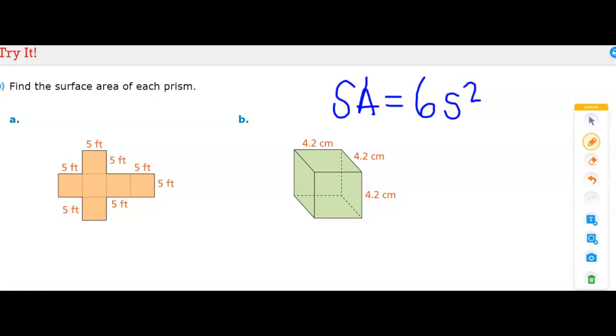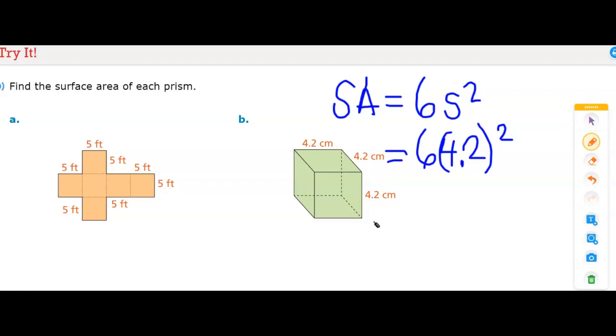So now we take the 4 and 2/10 centimeters and substitute it for the S, and we keep the 6. So now we have 6 times 4 and 2/10 squared, and we have to do the 4 and 2/10 squared first.